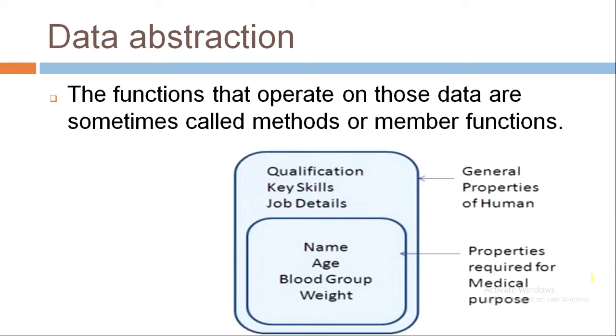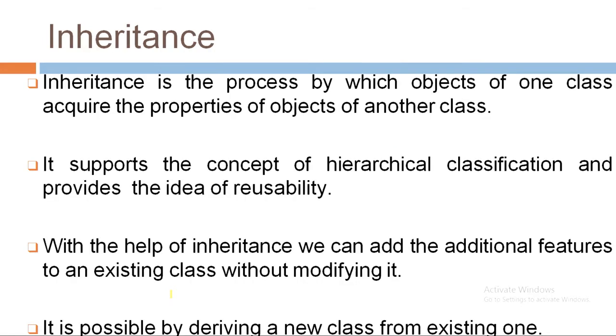Whenever attributes related to medical purposes are required, their name, age, blood group and weight are taken into consideration. That means whenever there is such a requirement, only this information is revealed to the user. So this is known as data abstraction.